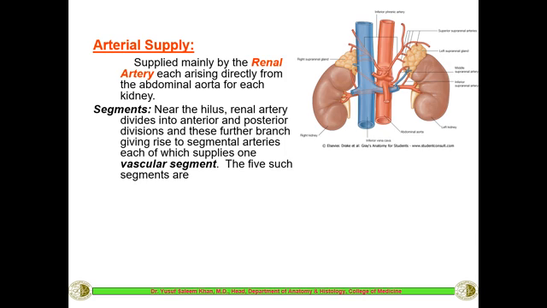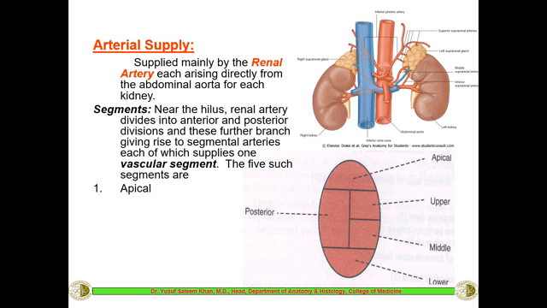There are 5 vascular segments which have been identified. The first is the apical segment, which is at the upper pole of the kidney. Then we have the upper as well as the middle segments, which are present in the anterior part, near the medial border.